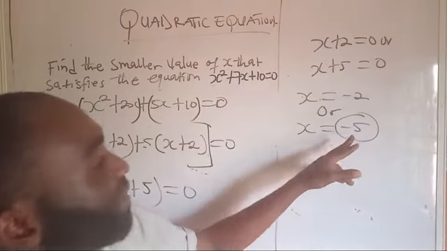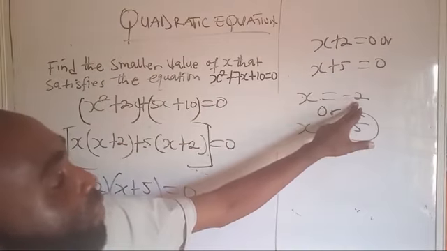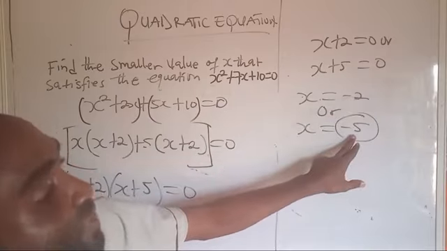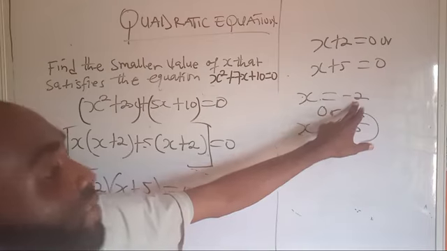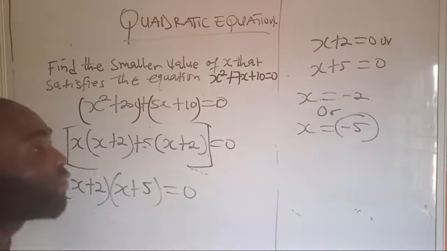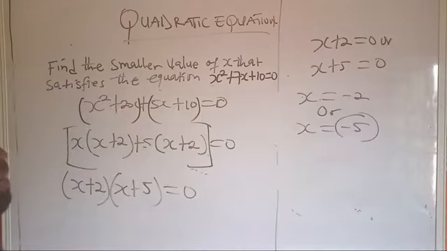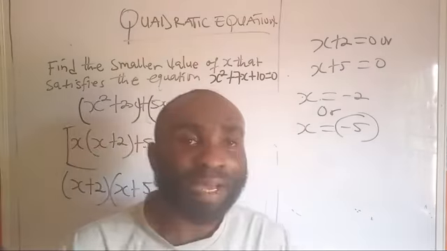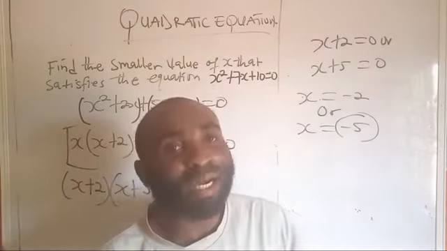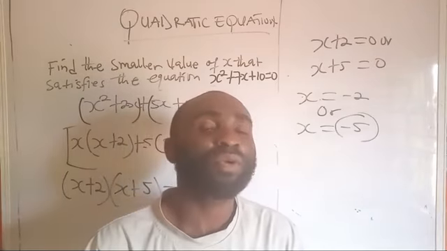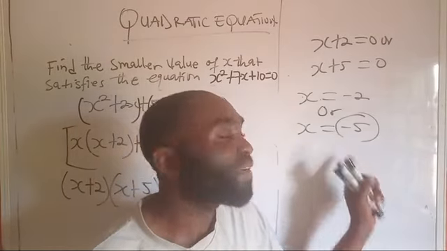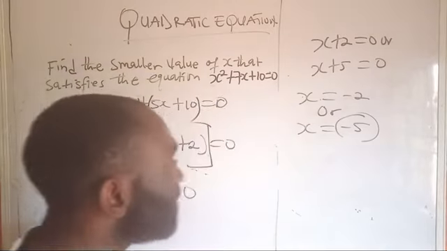So the person owing 5 is poorer than the person owing 2. Minus 2 is greater than minus 5. Minus 1,000 is greater than minus 1,000,000. Minus 1,000,000 is greater than minus 1,000,000,000. That is how it is. The smaller minus sign number is greater than the bigger minus sign number. So minus 5 is the least number here.